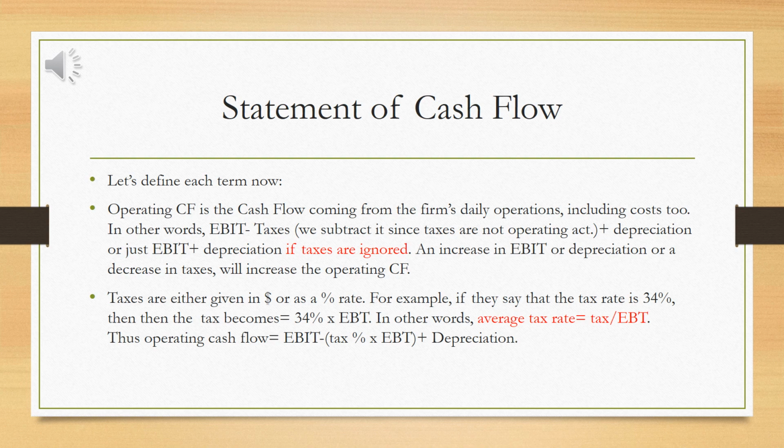In other words, average tax rate equals tax over earnings before tax. Thus, the operating cash flow becomes earnings before interest and tax minus tax rate times earnings before tax plus depreciation.